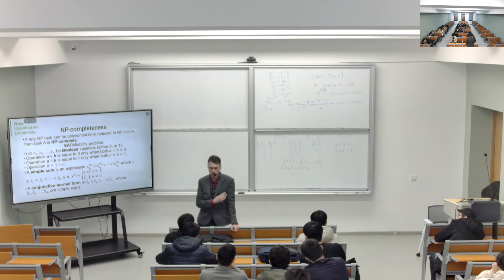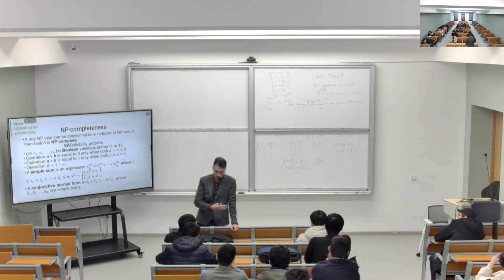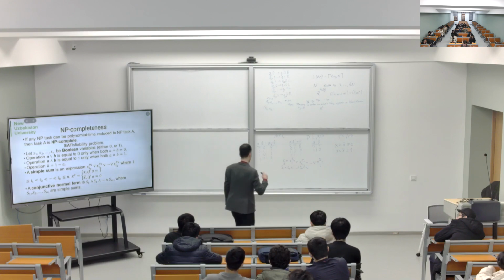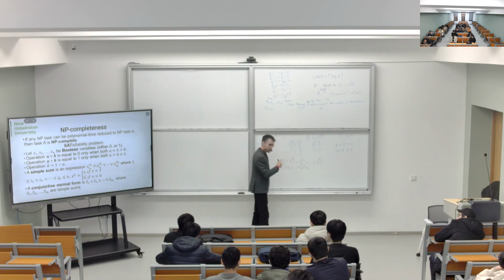This is for sure. We need to prove this is an NP problem. Then we need to prove that this is NP-complete. Yes? So let's start with NP. Is this problem NP?